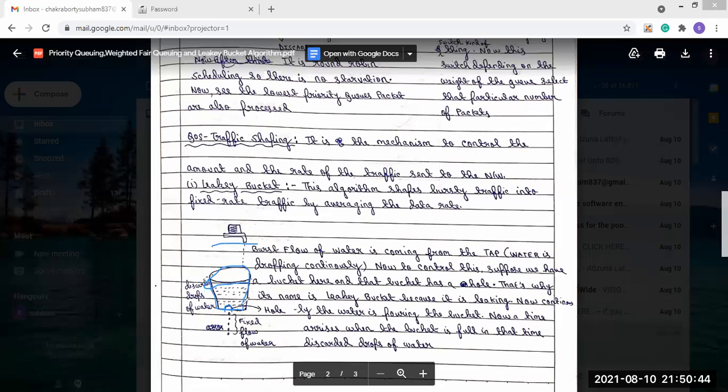And at some time the bucket becomes full and the water splashes out. At the same time, there is also a leak present.